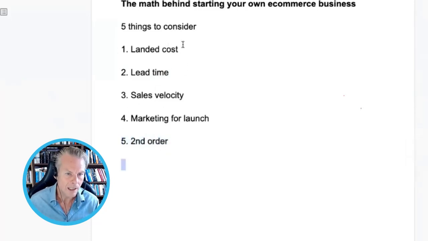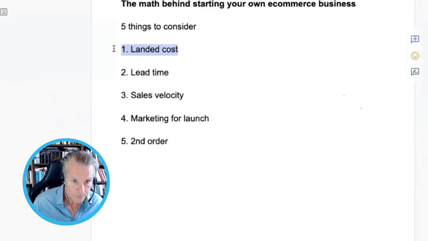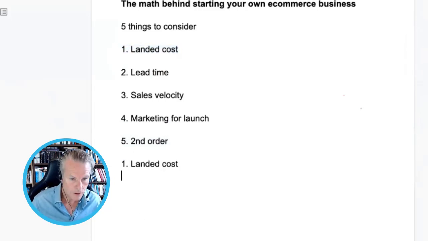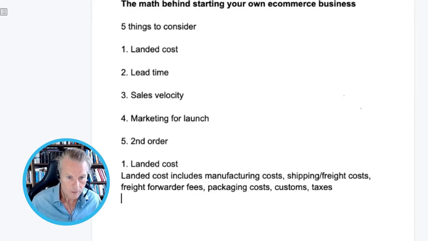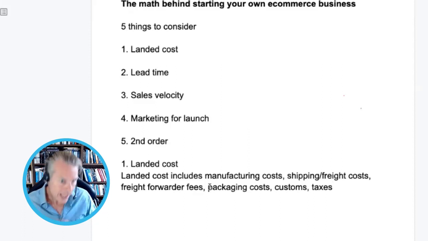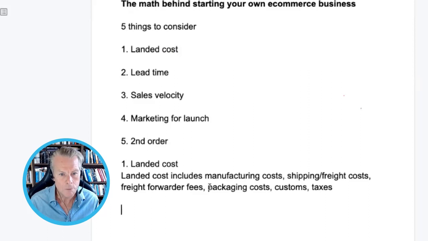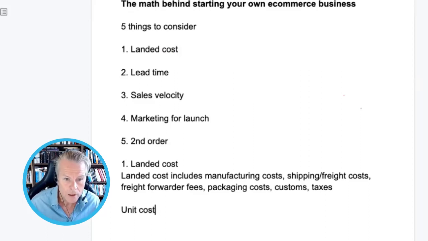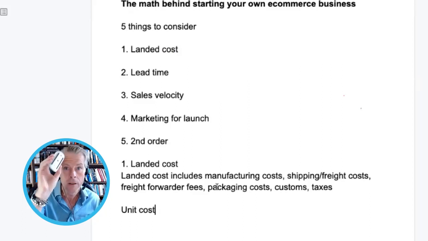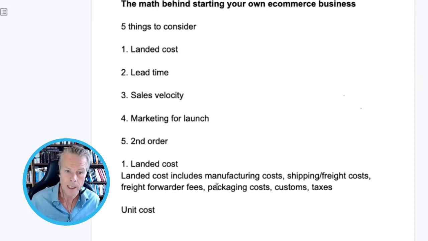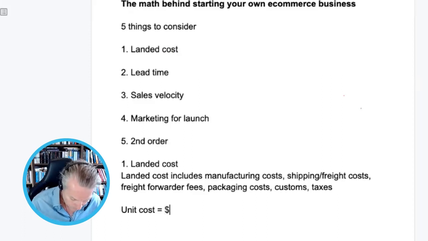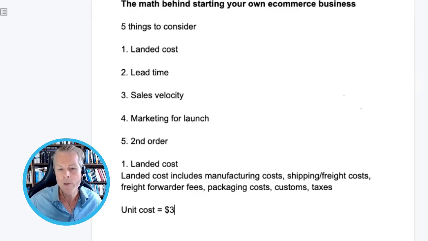So the first one is landed cost. That's going to be a function of all of these things, as I said. Just for ease of doing some maths together, let's say our unit cost, which is different, so unit cost is the cost of the item to buy from the supplier per unit, let's say that's $3, in whatever currency you want.